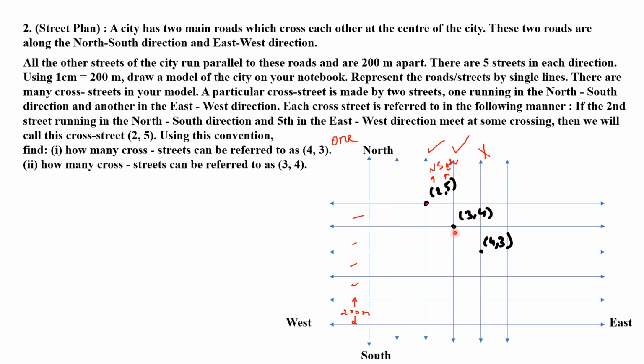So you can see from here also there is only one cross street. So this is also 1. This is the normal cross street condition. But in a coordinate plane, every point has a unique location. That's why here also you got only 1 as the answer, because this location is unique.